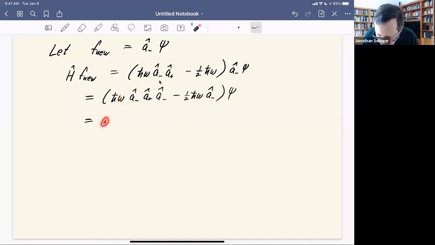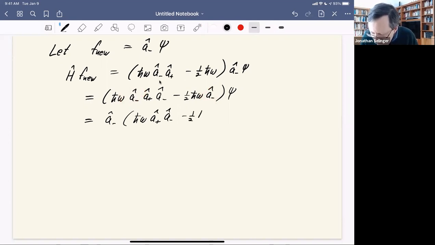So this is A minus acting on h bar omega A plus A minus minus a half h bar omega, and all that's acting on psi.